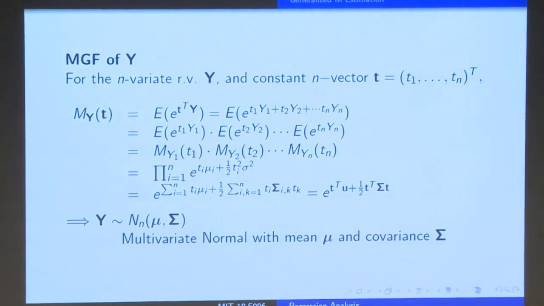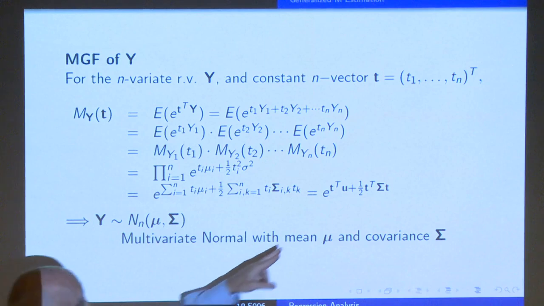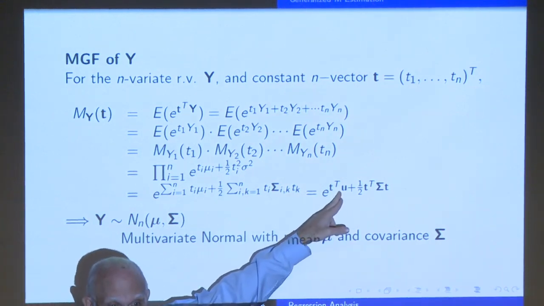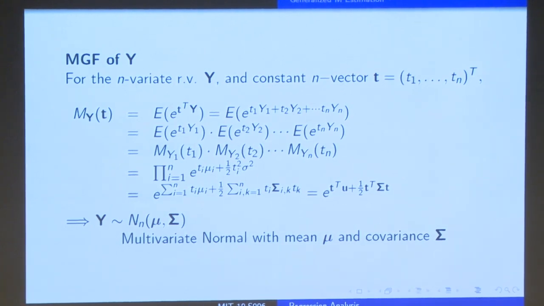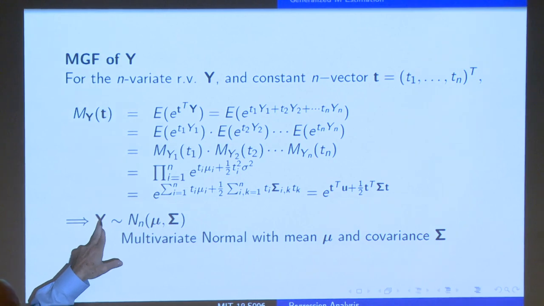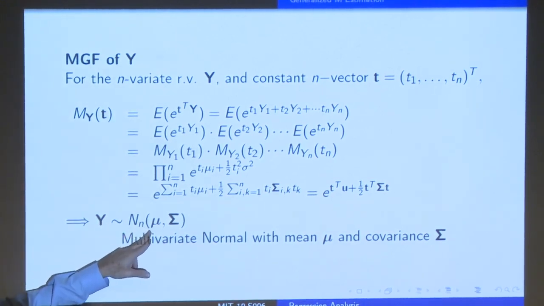And so for this multivariate normal distribution, this is its moment generating function. And this happens to be the distribution of y: a multivariate normal with mean mu and covariance matrix sigma.